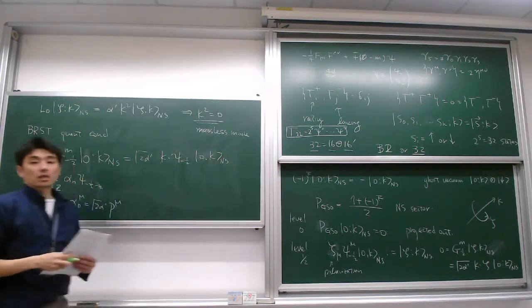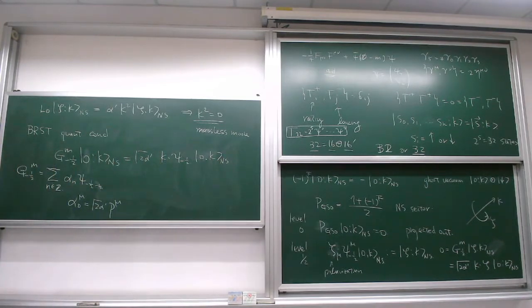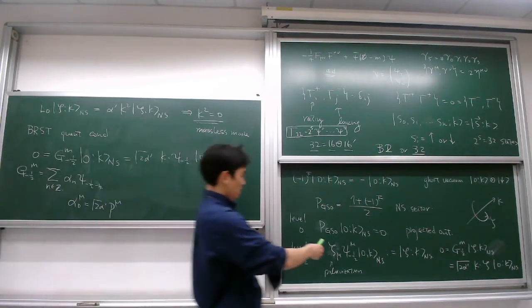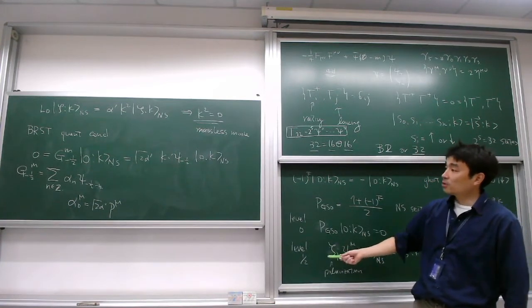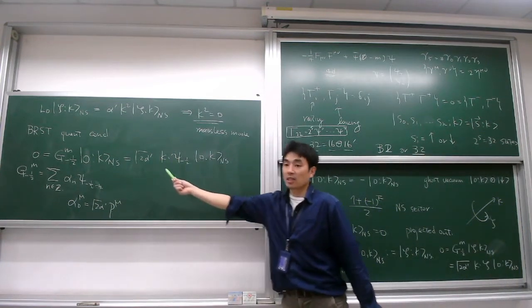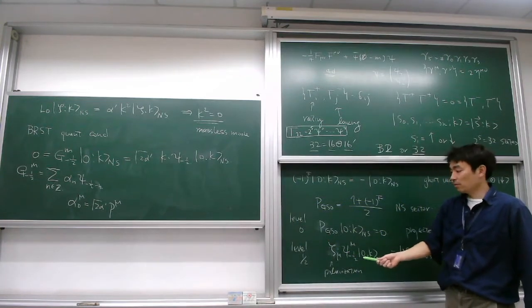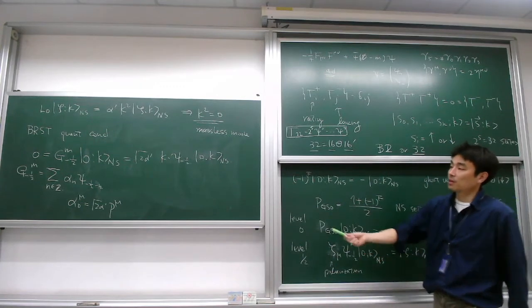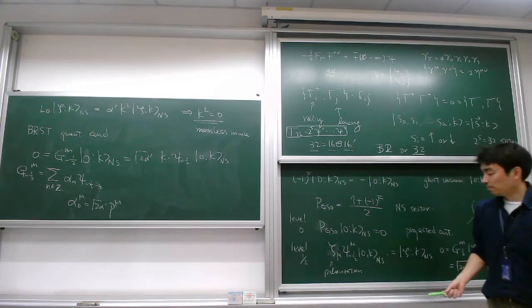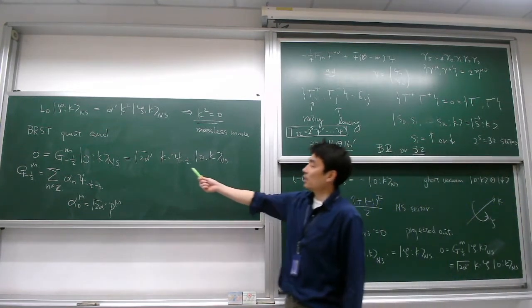Okay. So therefore, indeed it has to be 0 to be a state. So if zeta is proportional to k, it's unphysical. So that's what it means. So this zeta dot psi minus 1/2 is unphysical if zeta is proportional to k.